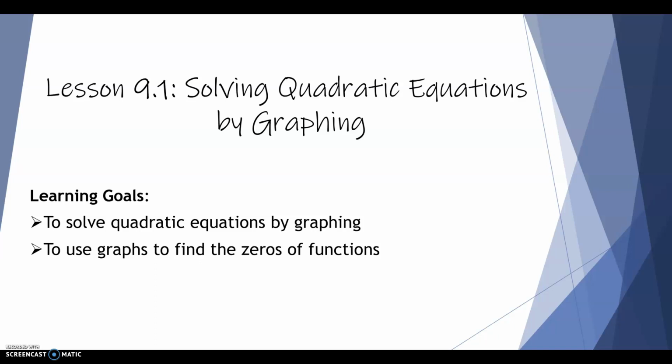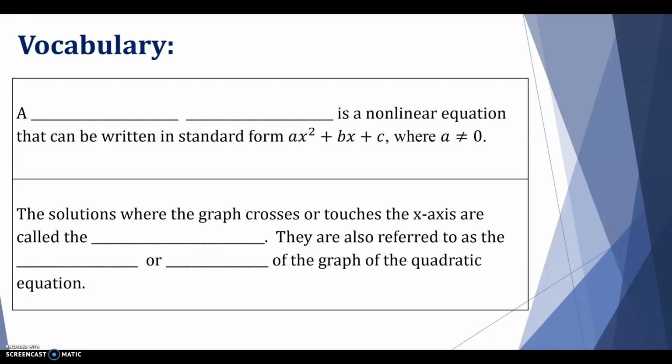So you're going to solve these equations by graphing, and then we're going to actually find the zeros of these graphs. So we do have some vocab. A quadratic equation is a nonlinear equation that can be written in standard form, which you can see, and obviously this is nothing new to you.